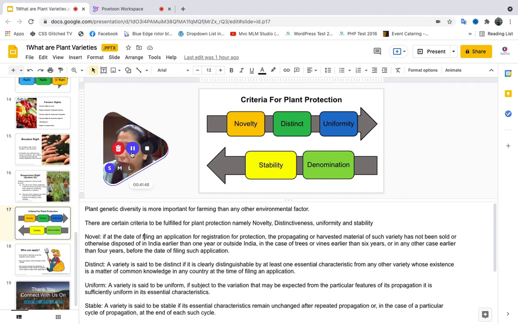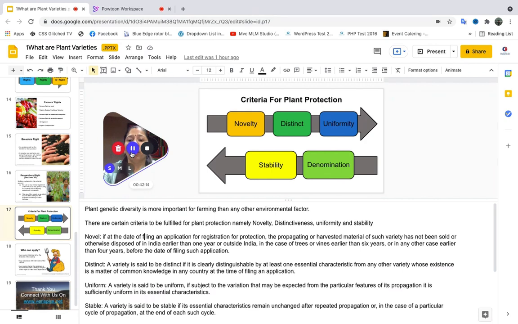Maize varieties are already being developed in India. Now, I would say I have developed a maize variety which has 90% sweetness. That is something different. Or a maize variety which has more vitamin A content as compared to other varieties. So that is different. It is the distinctiveness criterion that a plant variety should fulfill.